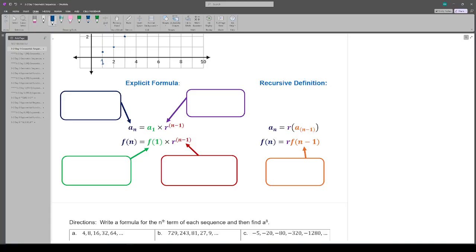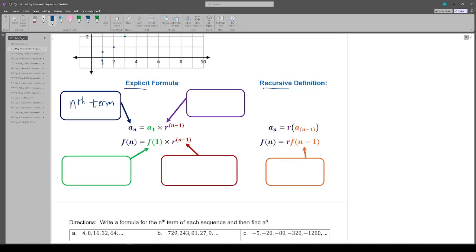We can write it in explicit, which is good, or recursive, which just tells us what the sequence is, but can't tell us values further down the line. So an, we said, was the nth term. We defined these above for arithmetic, but we're going to redo it here. Remember, this is good. So here it says it can also be f of n.